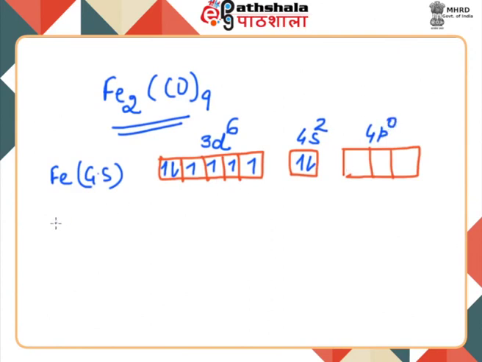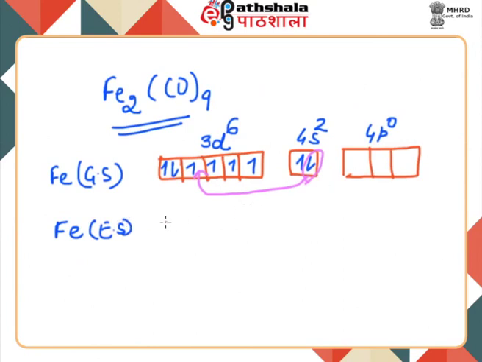Now in the excited state, that is in the formation of this molecule, one of the s electrons of 4s comes here, that is in one of the 3d orbitals, and as a result the excited state has this structure.